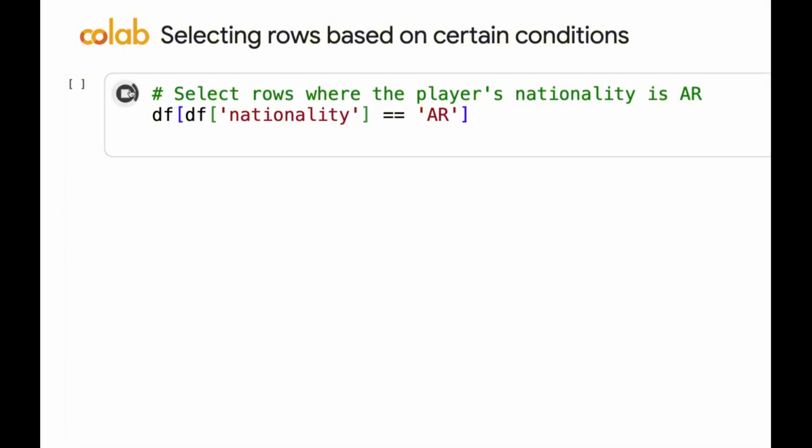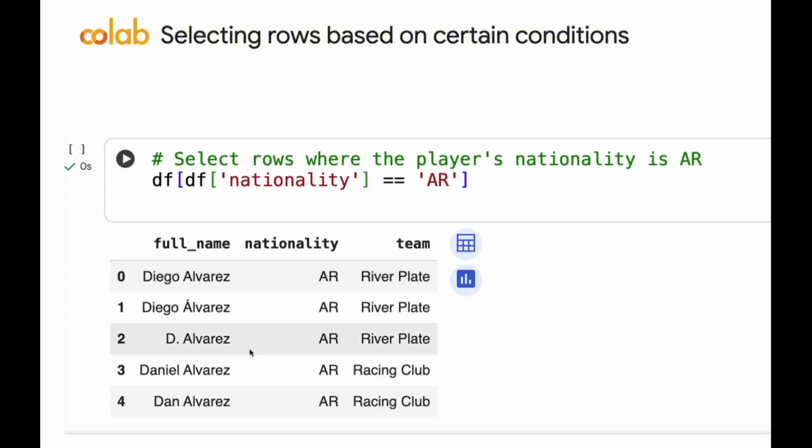And let's try to see. And it looks like indeed the case, right? So we see that now we only have part of the data frame, which is row 0 to row 4. And what's unique to those rows is that the nationality value is equal to AR. And that's how we select records. Questions?